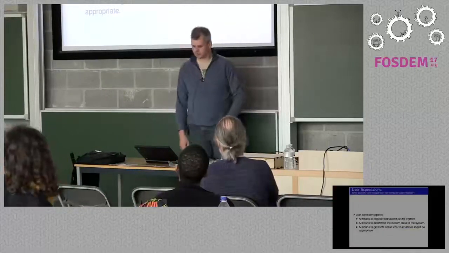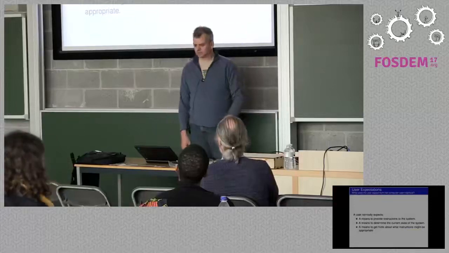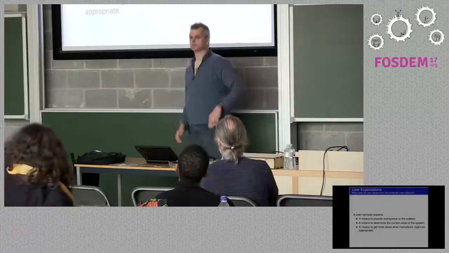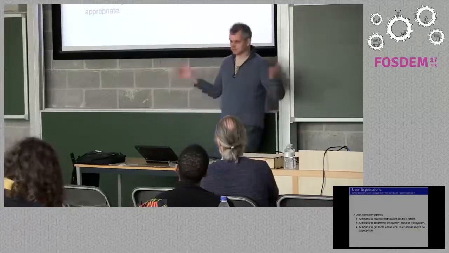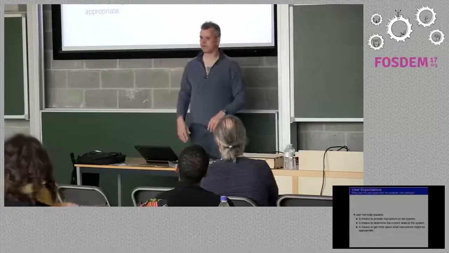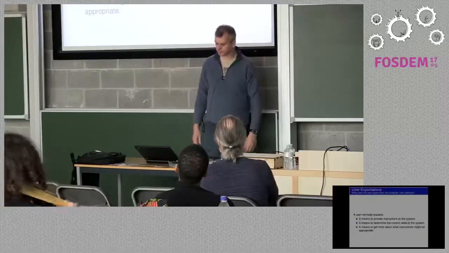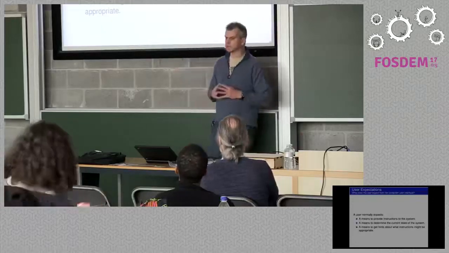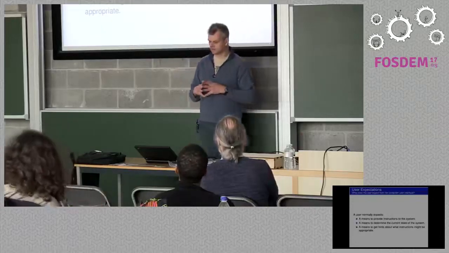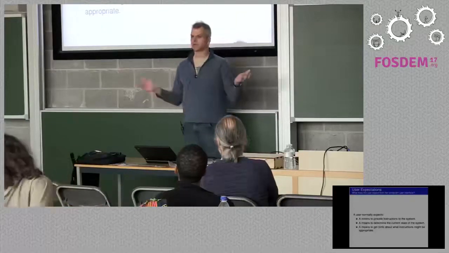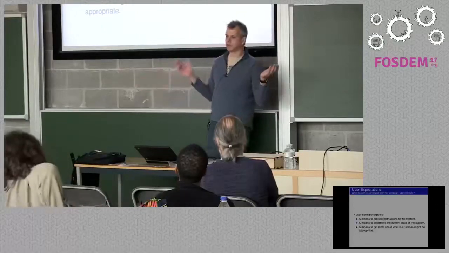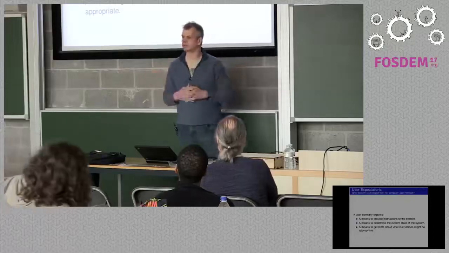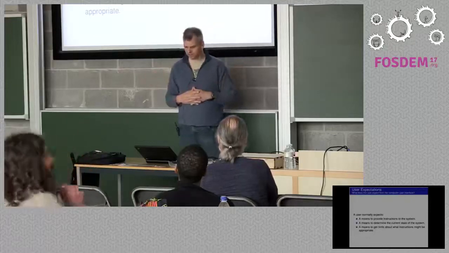What does a user expect from their interface? Normally they want a means to give commands to the system. They've got to be able to tell the computer how to do something and when to do it. They want a means to determine the current state of the system. For example, in a shell, you type ls to see what files there are in the current directory.